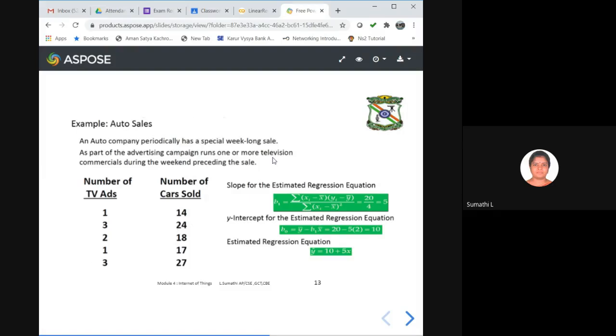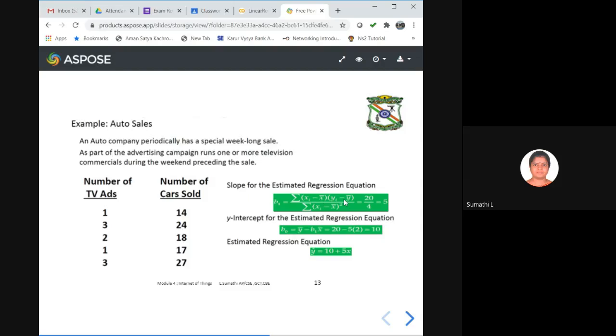If I was asked what the answer will be if I have seen 5 advertisements, or 2.5 or 4 advertisements, I can find it by drawing a straight line. This is the equation for finding your b naught and b1. Once you calculate your b naught and b1, you can have an estimated line. It is simple statistics.